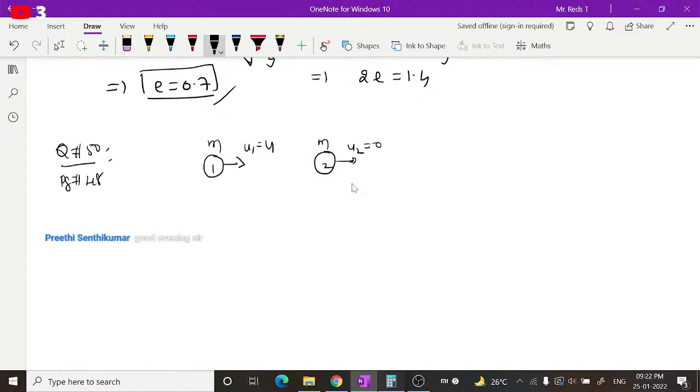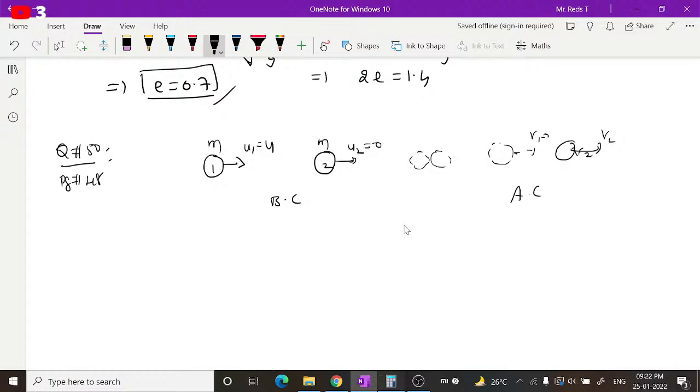final velocities. Let us say this is before collision, and then the bodies undergo collision. After collision, the first body, because of the same mass, may come to rest. So v1 may be equal to 0, but what will v2 be is the question.